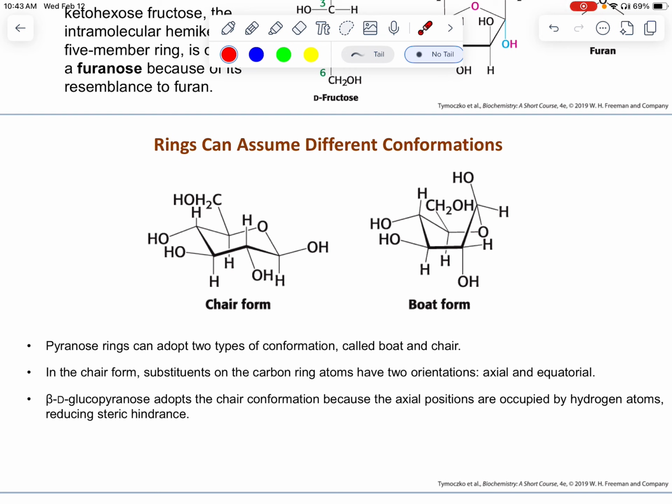In each of those, we have axial and equatorial positions for the hydroxyl groups and the hydrogen groups. It turns out that in the chair conformation we get the axial positions occupied by the hydrogen atoms, and essentially it reduces steric hindrance. So we just know that this is the conformation that is more likely to occur. It's going to be the more stable one.